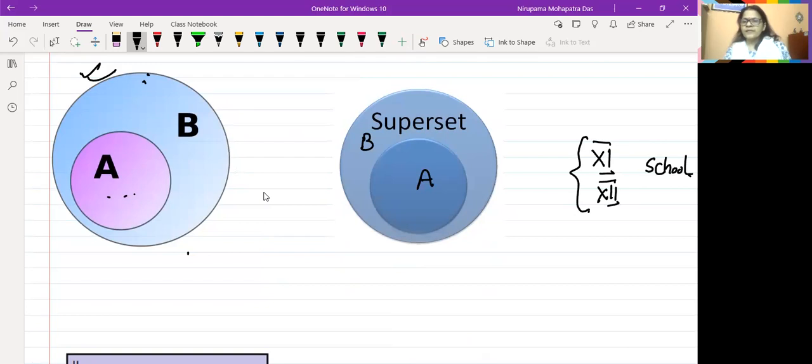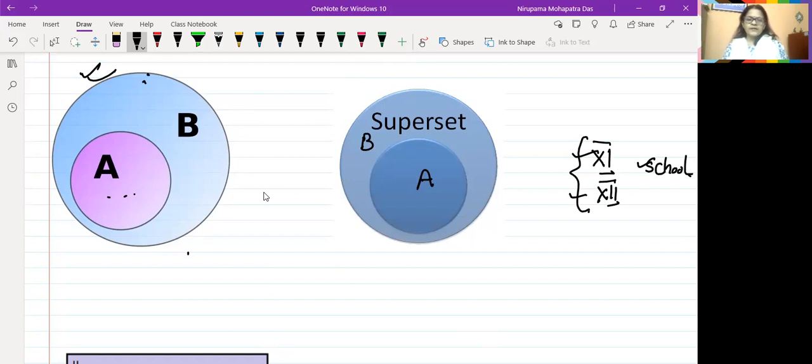So if I say every student of class 11 is a student of the school, every student of class 12 is a student of the school. So we can say, if I write here X such that X is a student of class 11, and the school I take as X such that X is a student of the school.